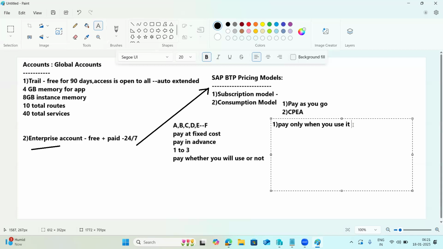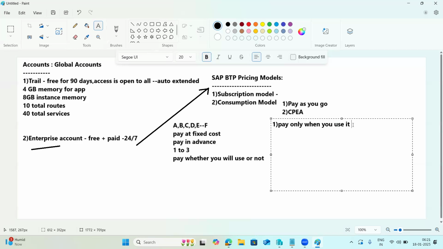Service charges are not discountable here. You get a monthly bill in the pay as you go model. This is a low-risk model for the customer.